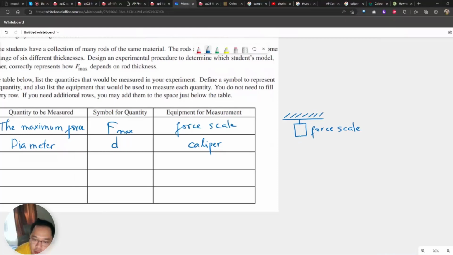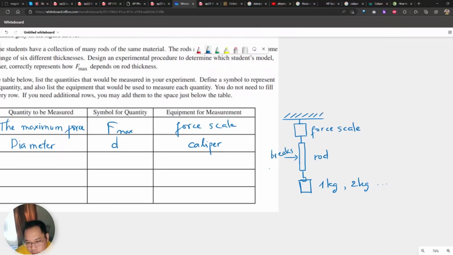Okay, and then you hang the rod to this force scale. Okay, and on the other side, with a hanger, of course, you can hang different objects, different weights, on it, like 1 kilogram, and then increase to 1.5 kilogram, 2 kilogram, 3 kilogram, etc. Meaning you need to add different weights to increase the force gradually until the force is maximum and makes the rod break.